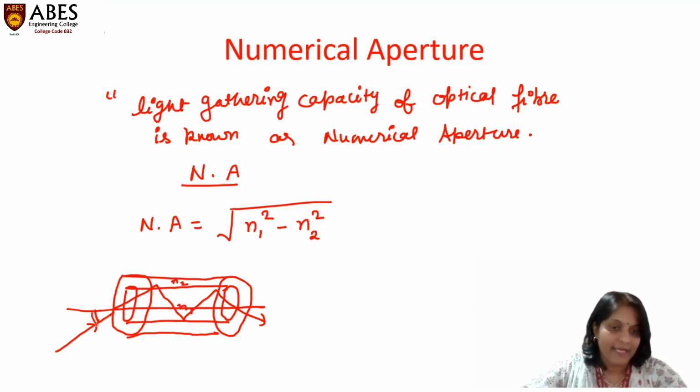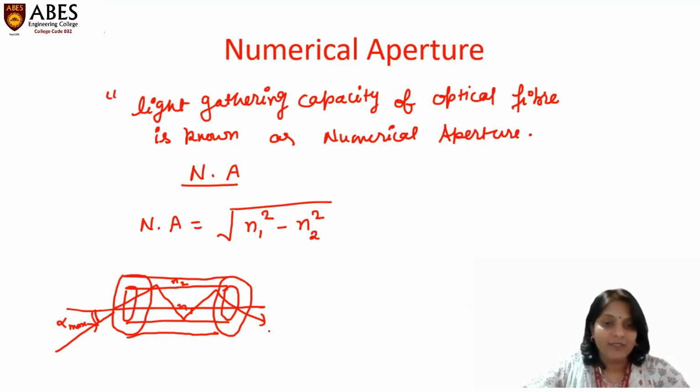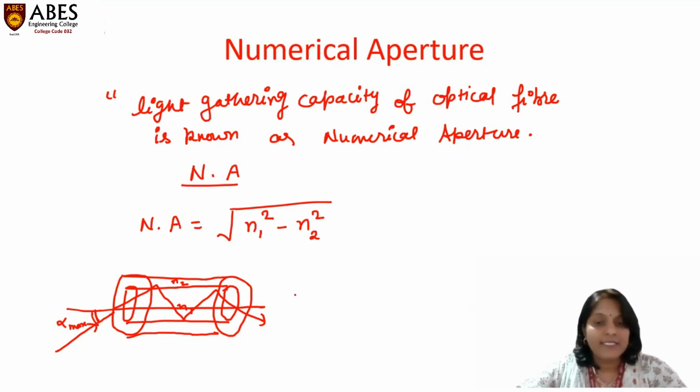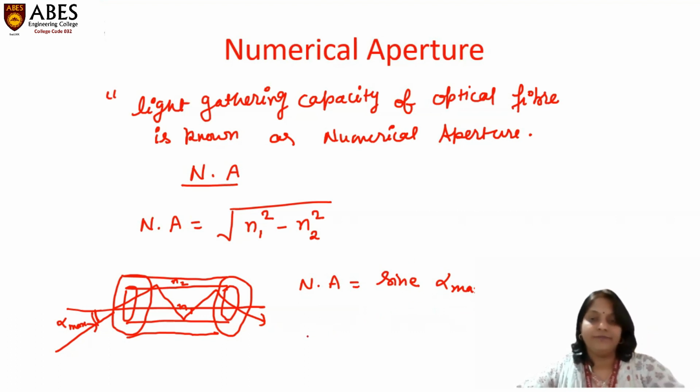Suppose it is alpha max, the maximum angle at which the light is launched at this end and it will do TIR inside the core. Then the second definition of numerical aperture is the sine of the maximum acceptance angle. This is also called numerical aperture.